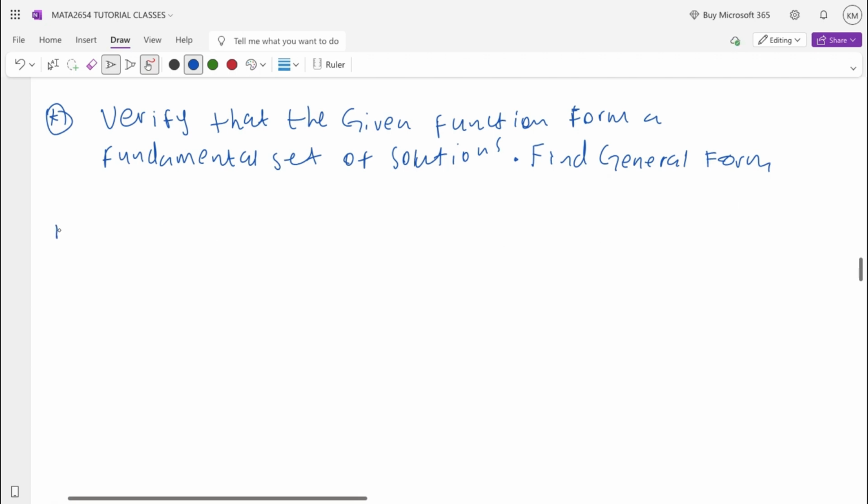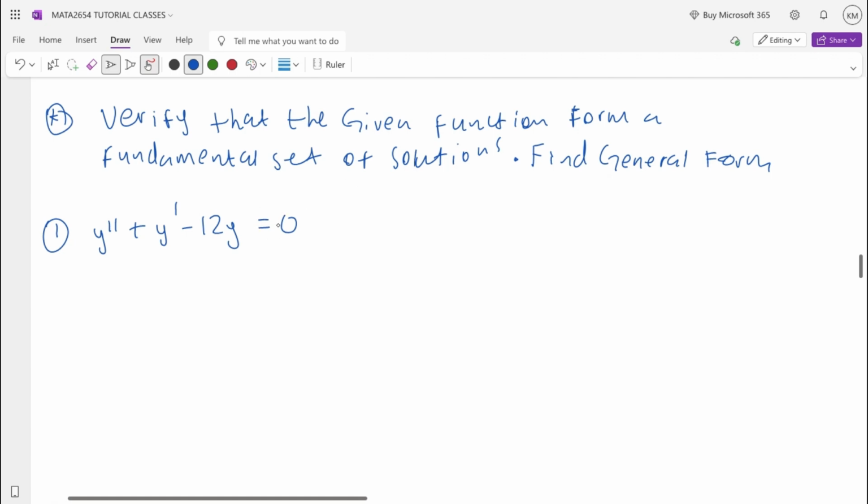Okay, let's say for the first one, they give you y double prime plus y prime minus 12y equals 0. So this question I abducted from the textbook.